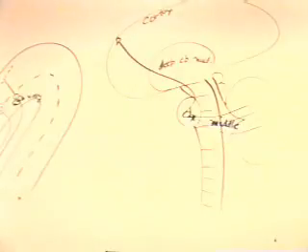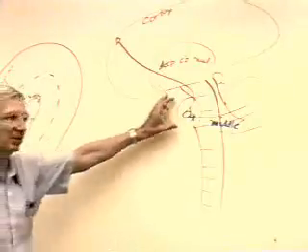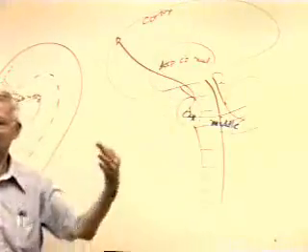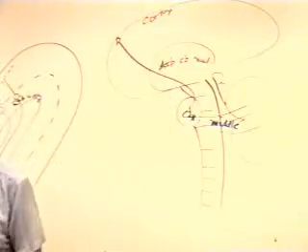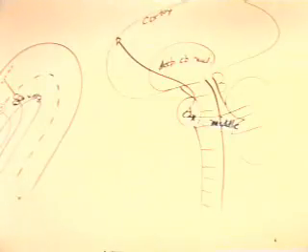Brachium pontis: you look at the base of the brain, you see the basis pontis, this big bulbous thing, and continuing from it directly into the cerebellum, big mass of white matter, middle cerebellar peduncle.